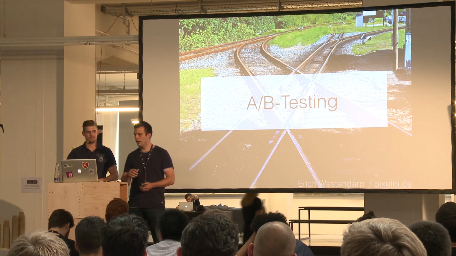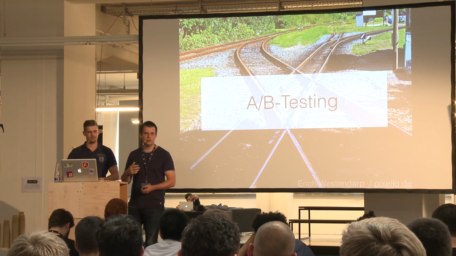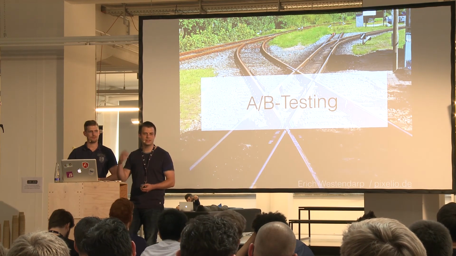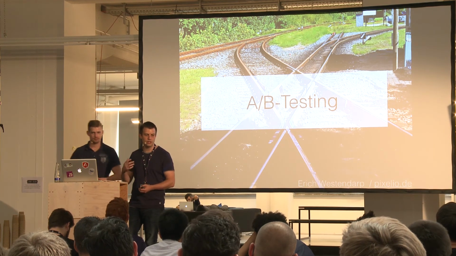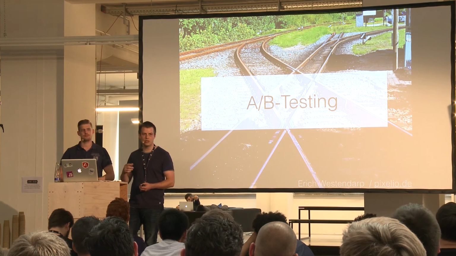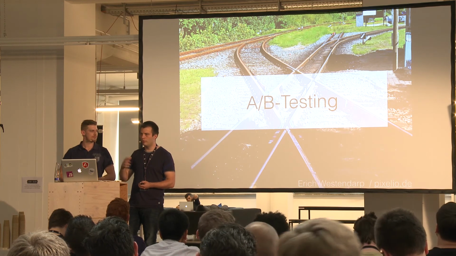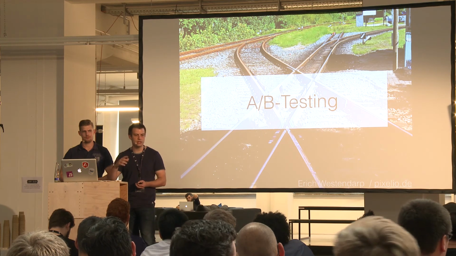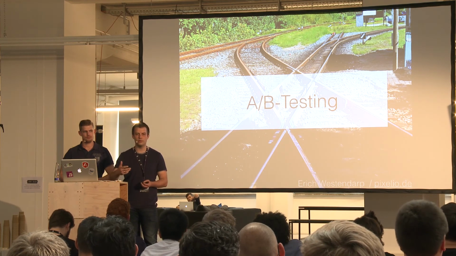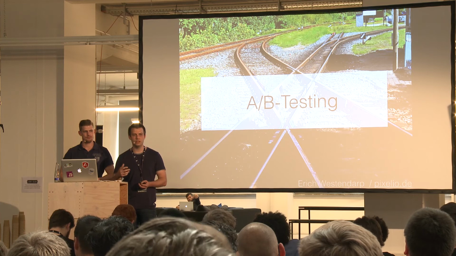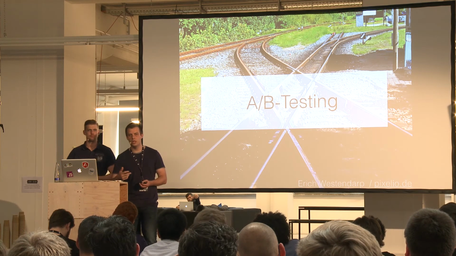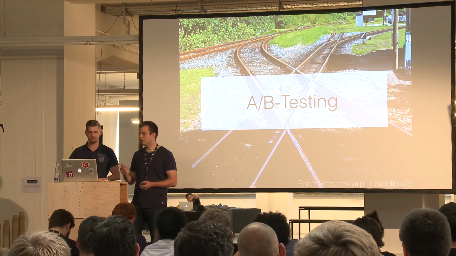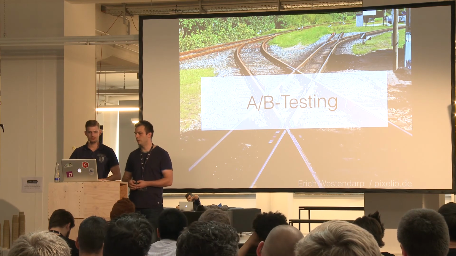If a user from Spain comes onto my page, he gets the first implementation. If a user from Italy comes, he gets the second implementation. And if a British user comes onto my application, he gets the third one.